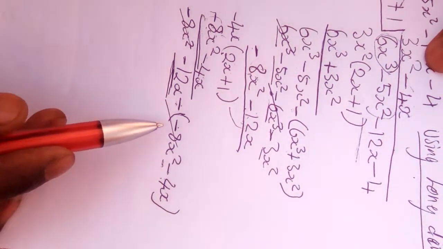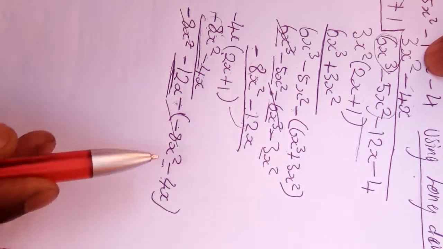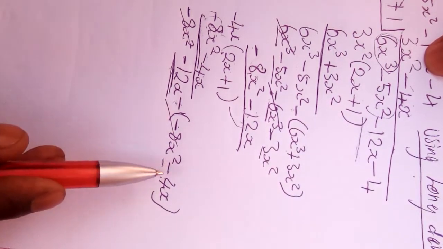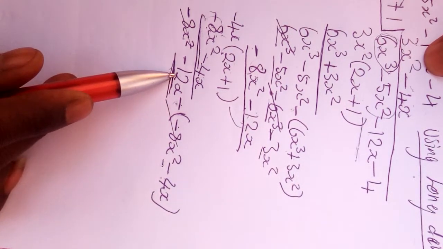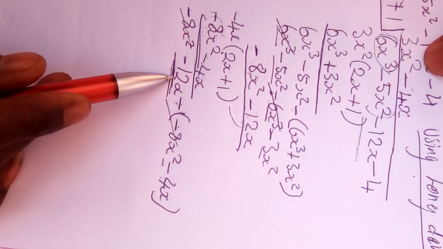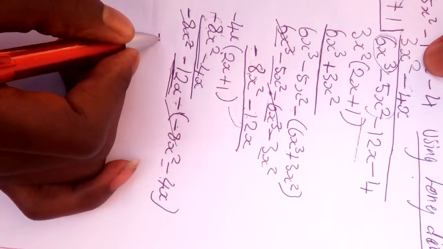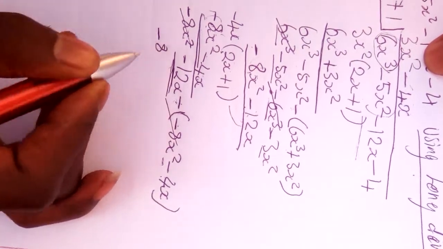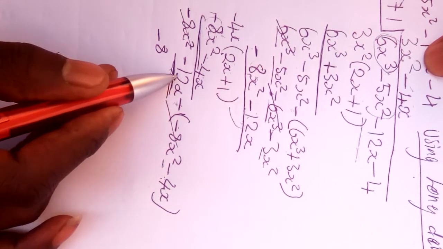We were left with negative 12x. Negative multiplied by negative is positive, so it's positive 4. Then negative 12 plus 4 is negative 8, because the negative number is bigger than the positive one.